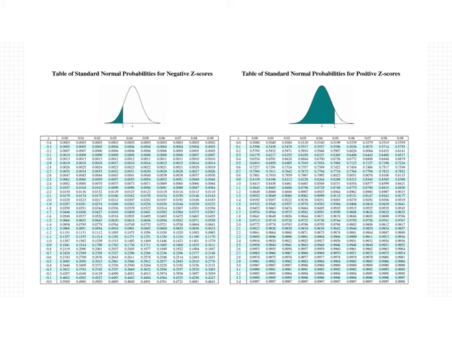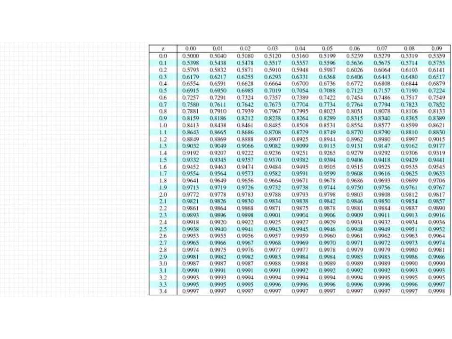So that brings in these here. These are z-score tables. The one on the left is for the negative values, so your z-score is to the left of your mean. And the one on the right is for your z-scores to the right of the mean, the negative and positive sides of it. We have a positive 1.8, so we're going to take a look at that one. So here's a zoomed in version.